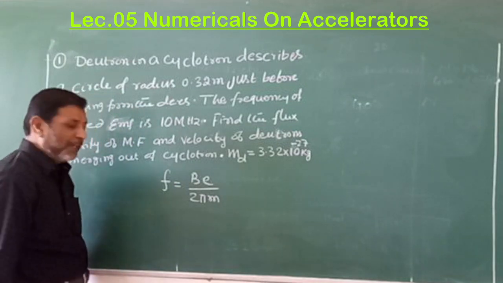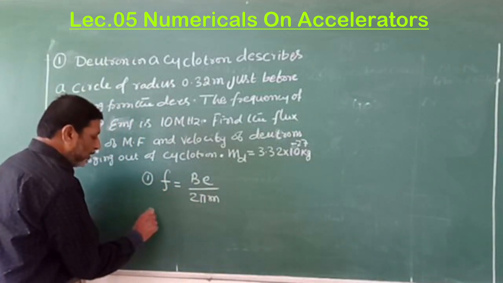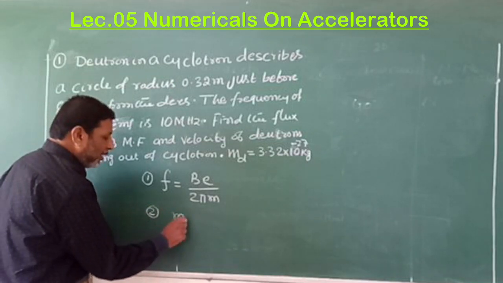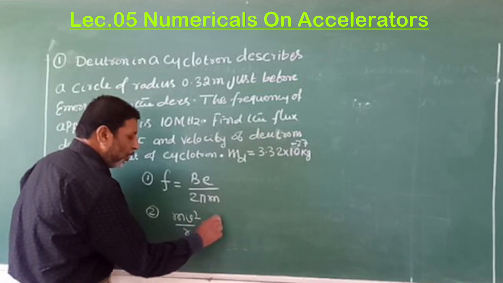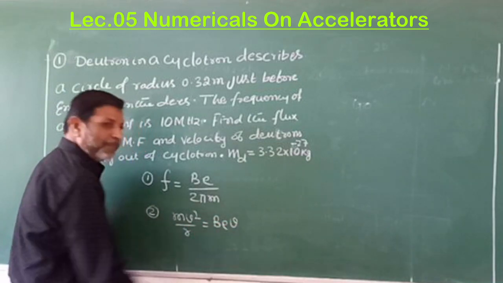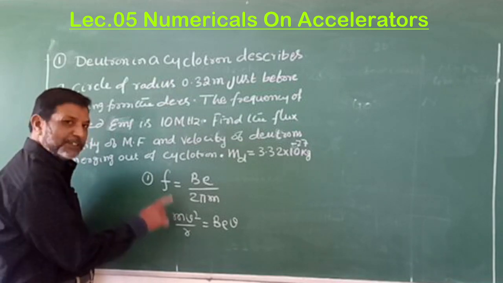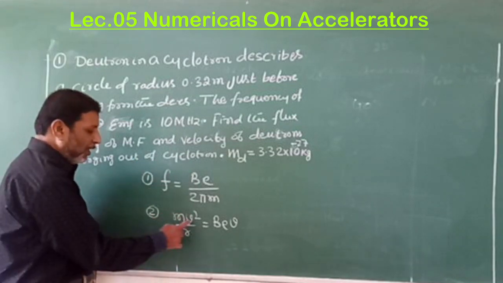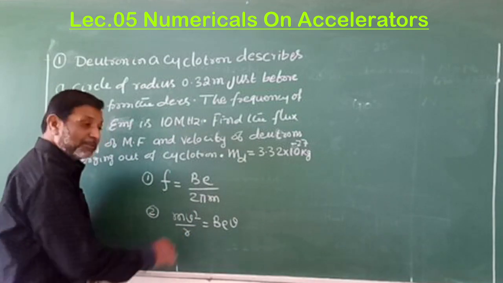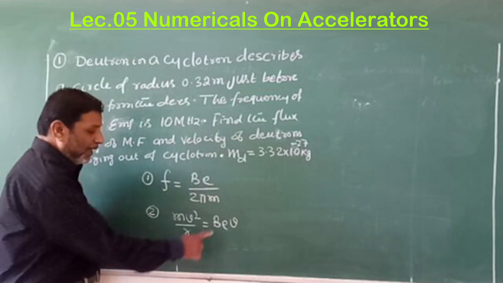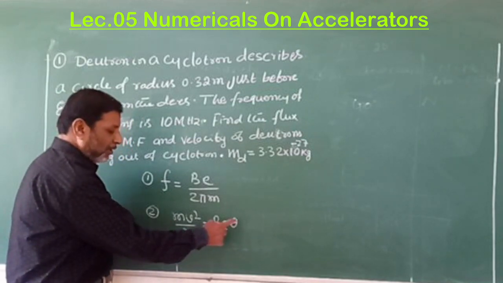The second useful formula is mv square divided by r equals BeV. Here m is the mass of the particle entering the cyclotron, v is the velocity with which it moves, r is the radius of the circular path, B is the applied magnetic field, and e is the charge of the electron.